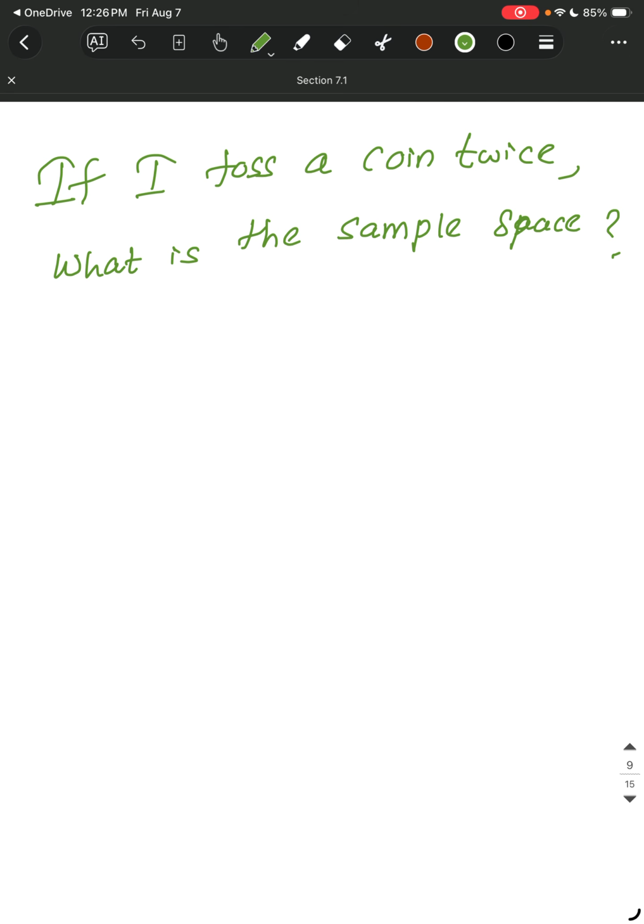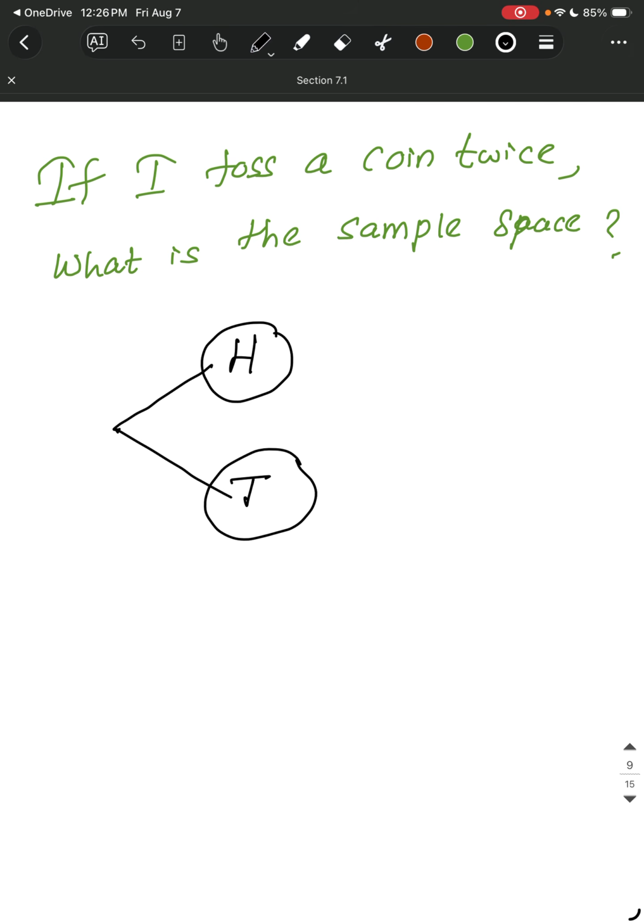So first, I have the first coin toss. Two possible outcomes are head or tail, right? Then if I get the head for the first coin, when I toss the second one, it could also be head or tail.